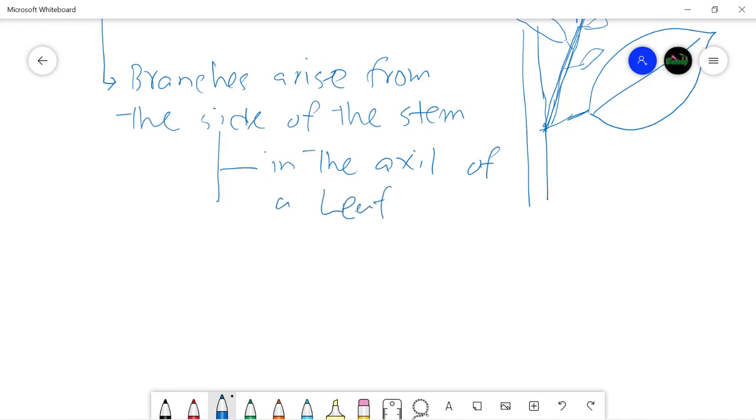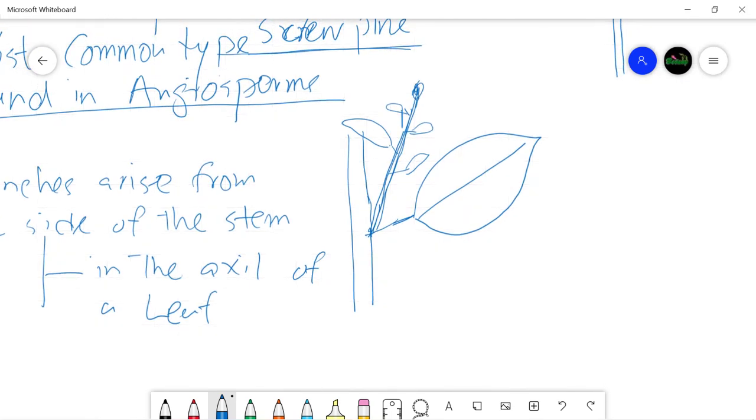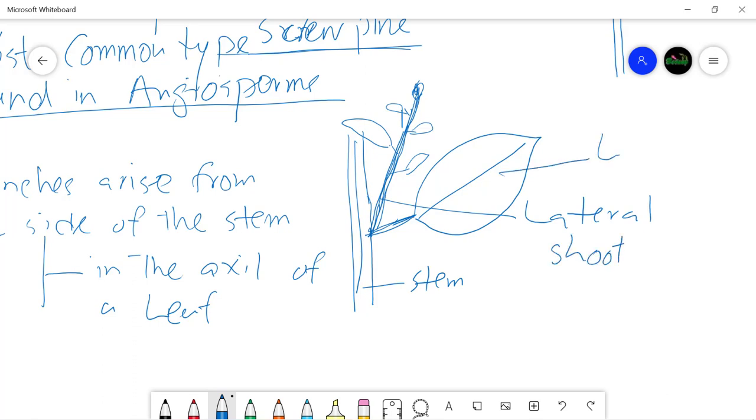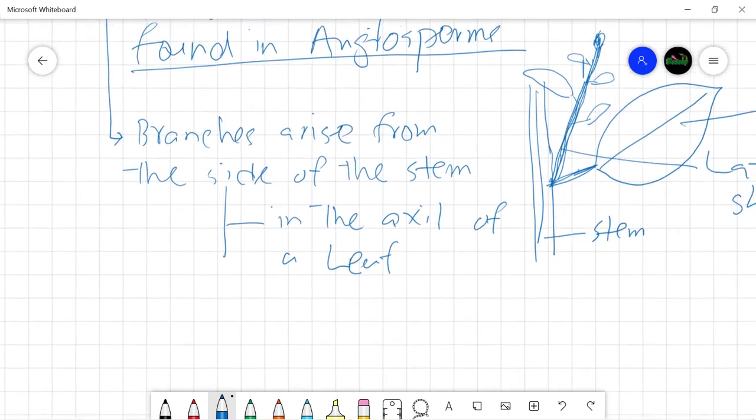So branches arise in the axil of a leaf, as we have this axillary branch arising in the axil of a leaf. This is stem, and this is a lateral branch or lateral shoot, and this is a leaf. So as you can see, this branch is arising in the axil of a leaf. So this is a lateral branch.